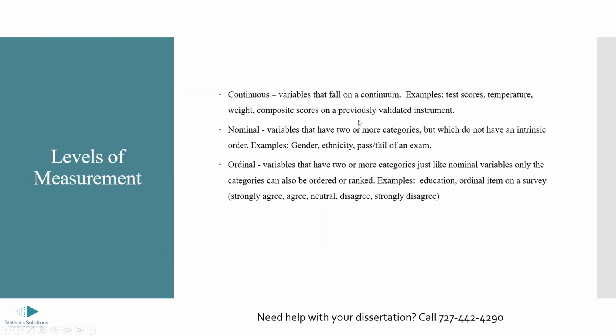For example, if you're using the MLQ or the job satisfaction survey, usually you take an average of a series of survey items or a sum of survey items. And if they are Likert scale, once you've taken a sum or an average, that resulting variable is considered continuous because you could have decimals as a possibility. If you see a decimal as a value, it's usually continuous.